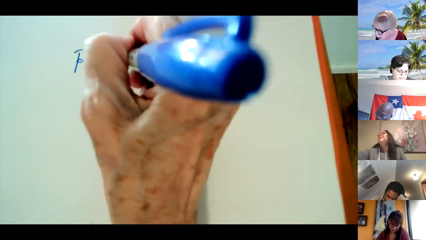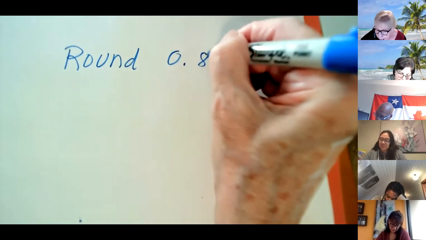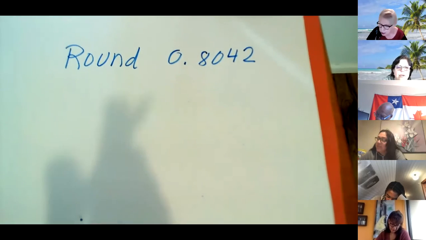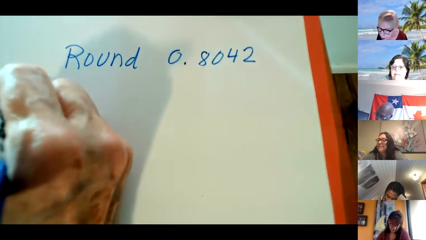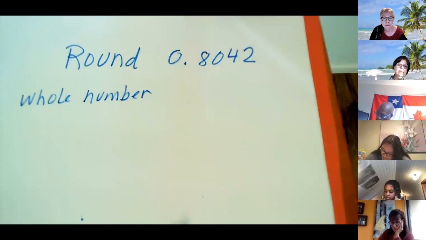Here's decimals, round. Here's my number, 0.8042, okay? So what if they said round it to the ones, the whole number? What would that be? Which number is the whole number? It's not the decimals.